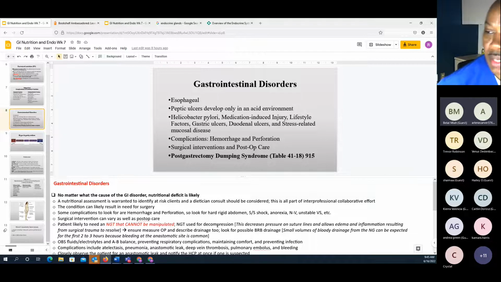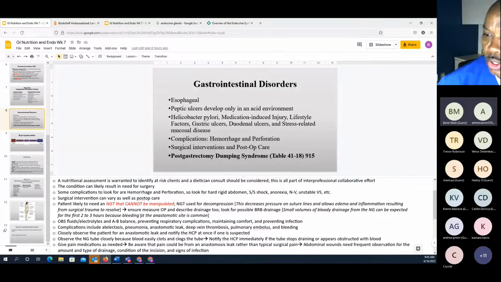The NG tube will help relieve the patient of all the gas being created. Because the more gas in the stomach, the more the stomach grows and places pressure on those sutures. So we put in an NG tube to decrease that pressure, so that we don't compromise our sutures.